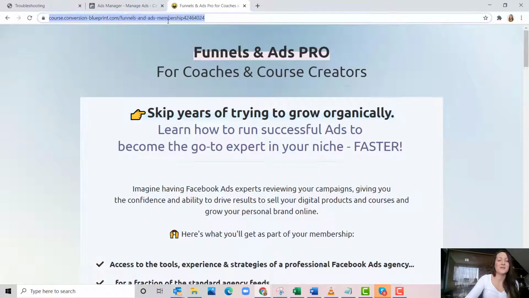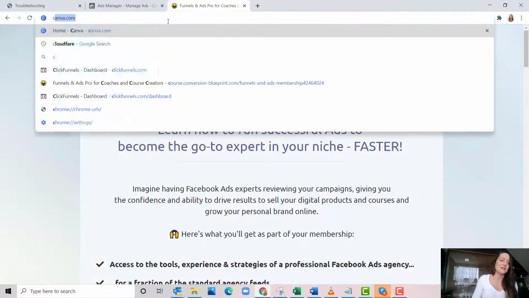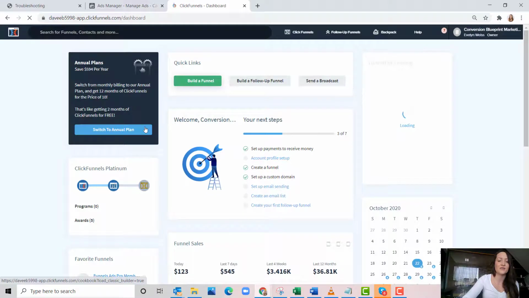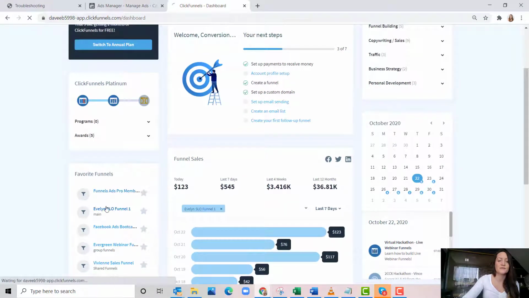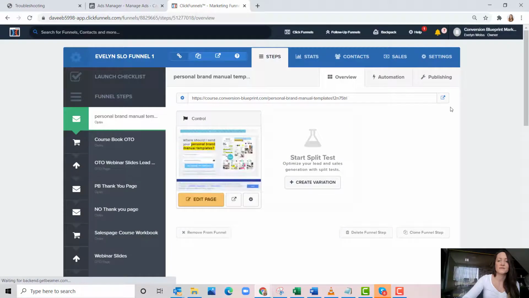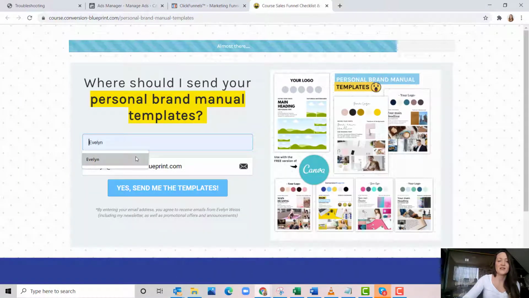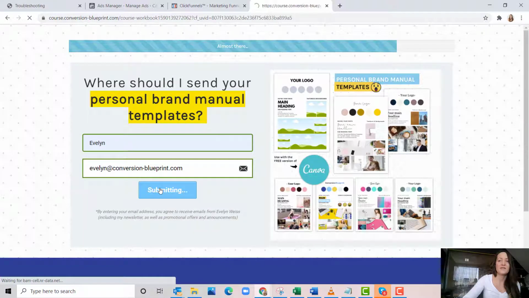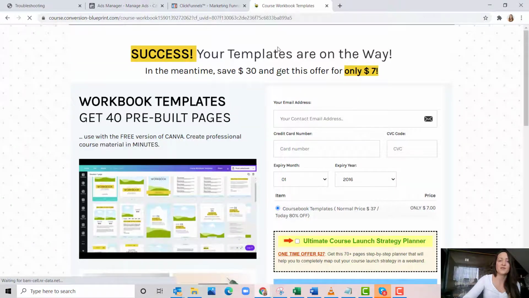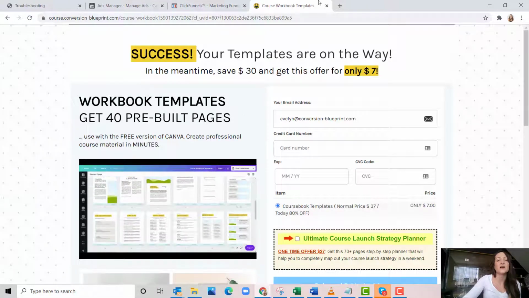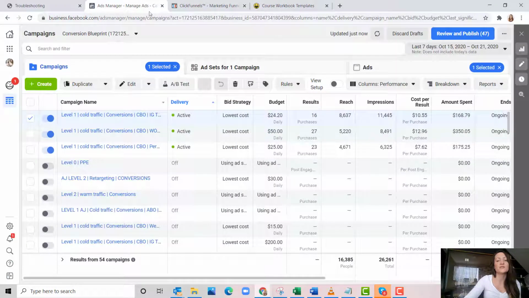So if I have a freebie, for example, my personal branding manuals, and people give me their email address after signing in on the thank you page. Here I'm actually having a lead event. So if someone opts in here, I also have a lead event and I have an initiate checkout. So my result could just as well be that I want to get leads.